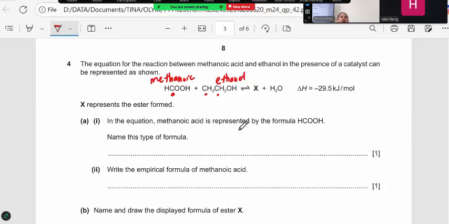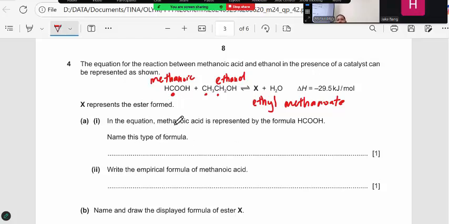What is the name of the ester? Ethyl methanoate. You always use the alcohol name first and then methanoate. They don't ask you, I'm just showing you. X is an ester.